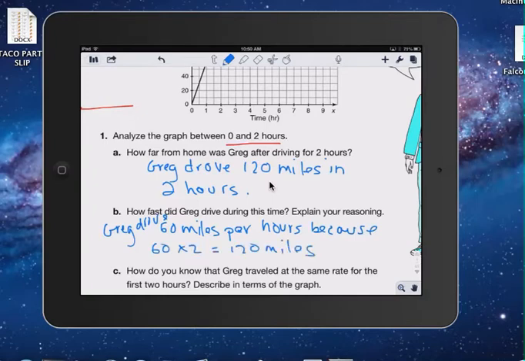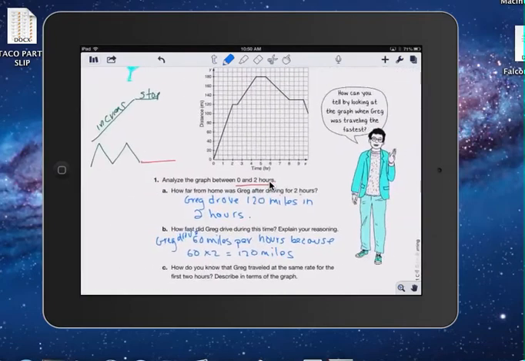Okay, how else did you reason it? Did someone else reason it differently? Yes. You divide what? 120 by 2. Any other person figure it out a different way besides dividing it? Yes. We subtracted 180 because that's like the farthest mile from 120.